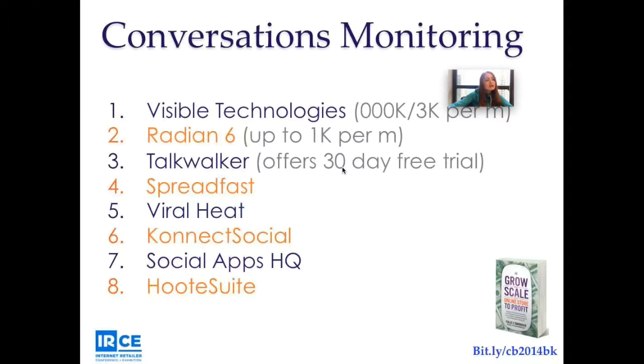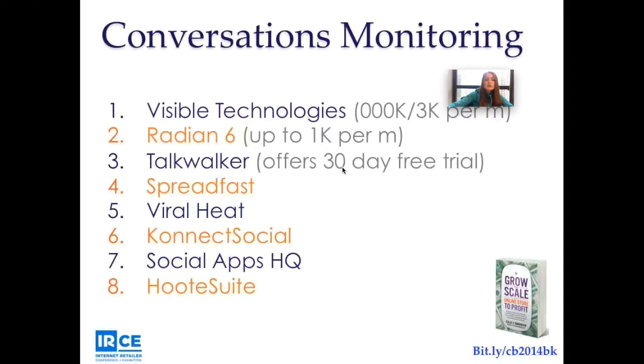So again, as I mentioned, there are 8 tools. There is Visible Technologies that costs a lot of money. Radiant 6 costs about 1K per month. Talkwalker, Spreadfast, Viral Hit, and Connect Social are less expensive. There is another tool, Social Apps HQ, which is more appropriate for Facebook and Twitter campaigns and contests. I haven't played with it, but that's also on a low level.